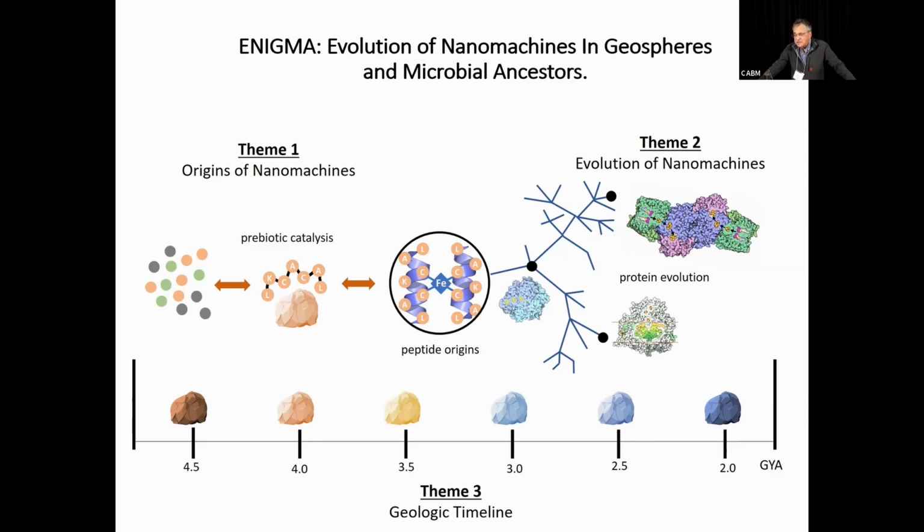What are the protein structures in the earliest metabolic pathways? And what do you do to make similar structures or design them and actually make them artificially, and how do they work? So that is a primary focus of theme 1.